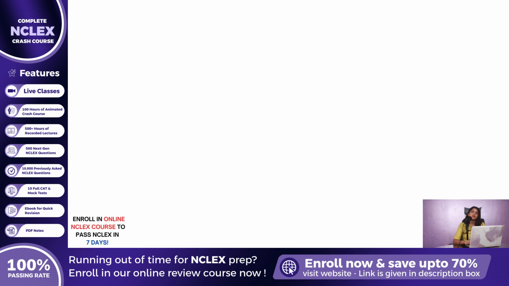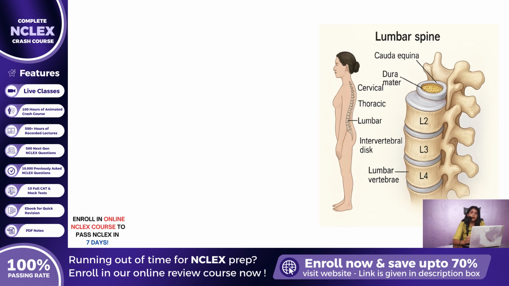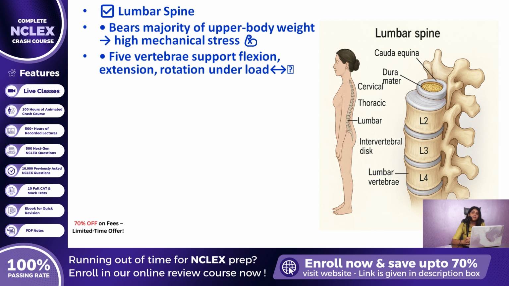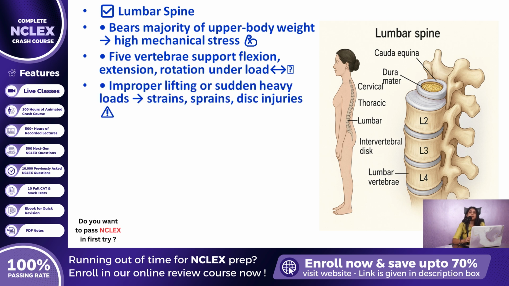Lumbar spine, because this region bears the majority of the upper body's weight and endures the greatest mechanical stress during lifting, bending, and twisting. In fact, the 5 vertebrae of the lumbar spine support trunk flexion, extension, and rotation under load, so repetitive strain, improper lifting mechanics, or sudden heavy loads predispose this area to muscle strains, ligament sprains, and intervertebral disc injuries.